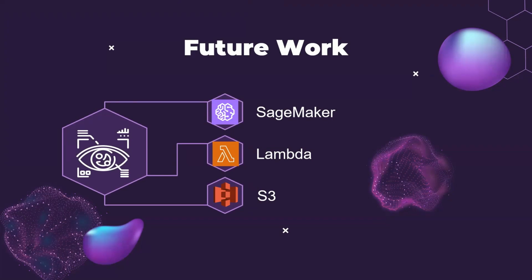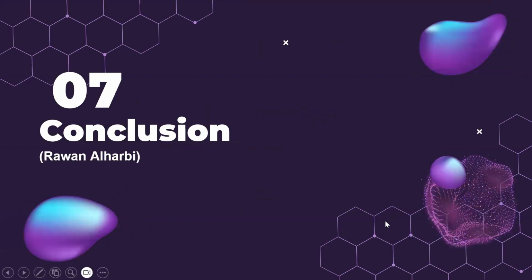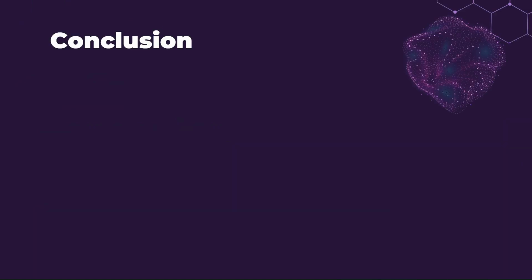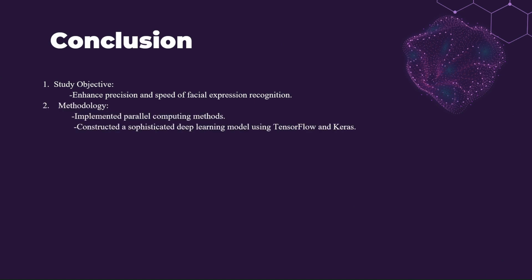And to conclude, my colleague Rawan will continue. Assalamu alaikum. Hello everyone, I'm Rawan Al-Harbi. So to conclude this video, our project aimed to improve the precision and the speed of facial expression recognition using parallel computing methods by constructing a sophisticated deep learning model with TensorFlow and Keras.